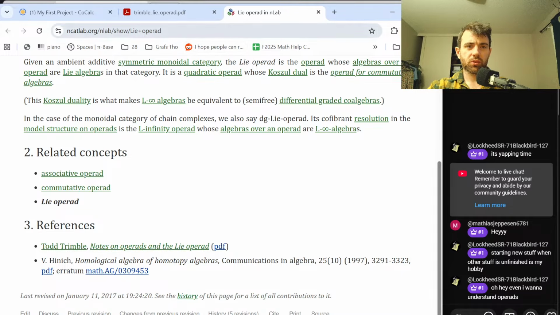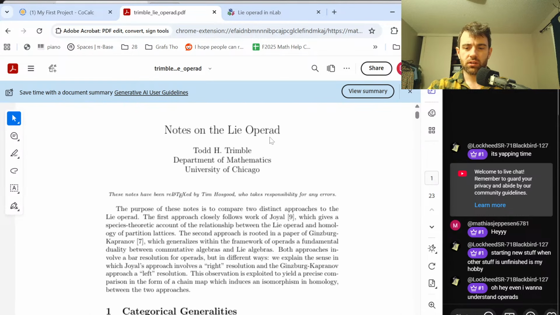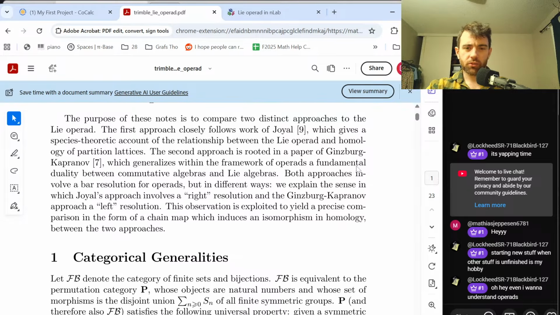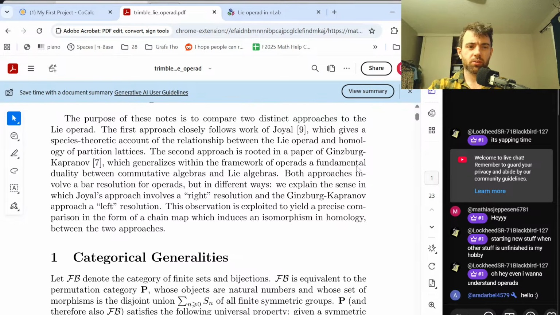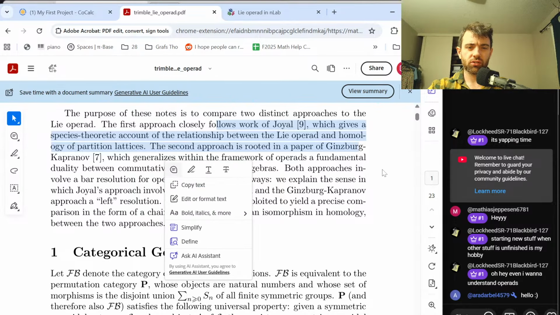Is this the one we're about to look at? Trimble? Yes, it is. Okay. The purpose of these notes is to compare two distinct approaches to the Lie operad. The first approach closely follows the work of Joyal, which gives a species-theoretic account of the relationship and homology of partition lattices.